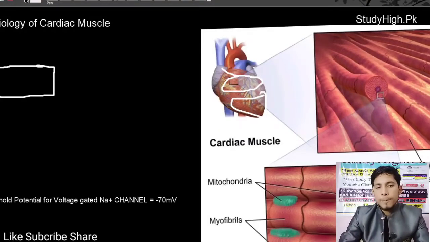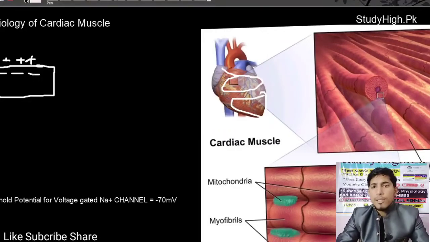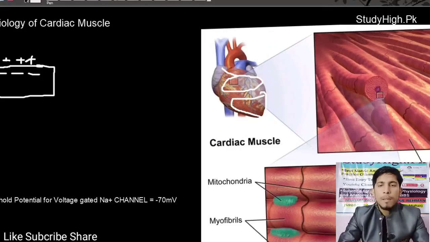In normal, resting conditions, the inside of the cell is negative and the outside is positive, because a large number of sodium ions are present outside the cell as compared to the inside, and a large number of organic protein acids are present inside. This is the resting membrane potential. The resting membrane potential of this cell is minus 90 millivolt, which is correct for most of the ventricular muscles but not for skeletal muscles.